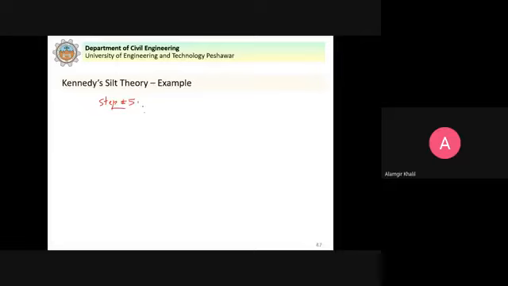And we calculate the wetted perimeter. So that is equal to B plus D into square root of 5. So just put the values here. This comes out to be 17.91 meter.